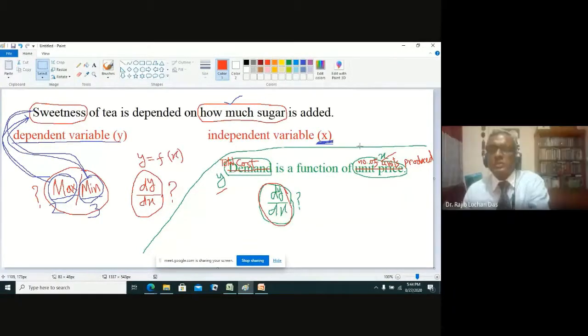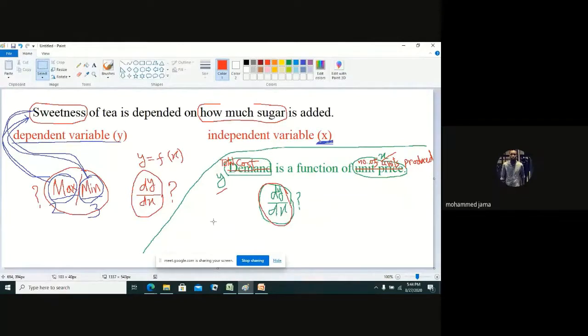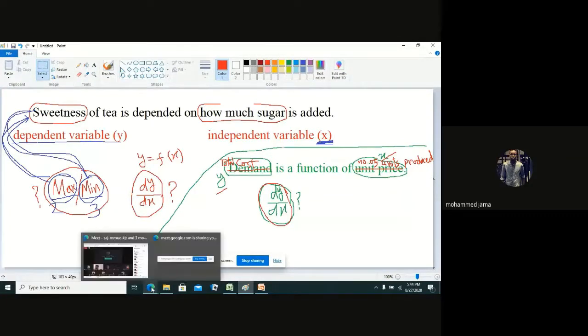So try to give me the answer. Do not worry if it is wrong. That is all right. I will explain it again. Okay. So tell me the answer. What you will understand by ddx of y in this case? Sir, should I tell you the two concepts?